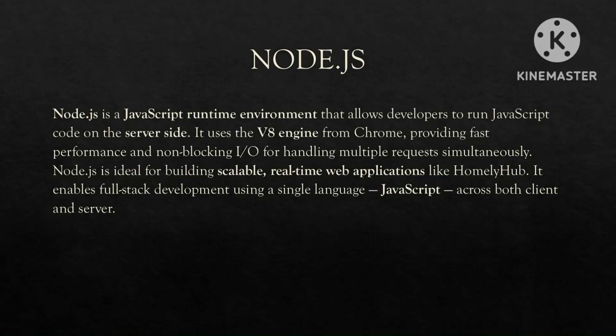It uses the V8 engine from Chrome, providing faster performance and non-blocking I/O for handling multiple requests simultaneously. Node.js is ideal for building scalable real-time web applications like Homely Hub. It enables full-stack development using a single language, that is JavaScript, across both client and server side.